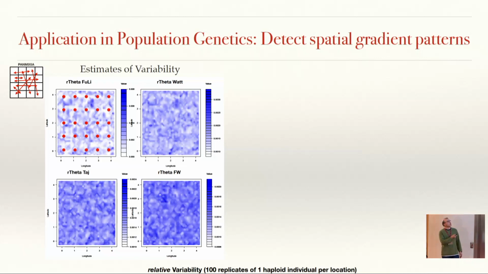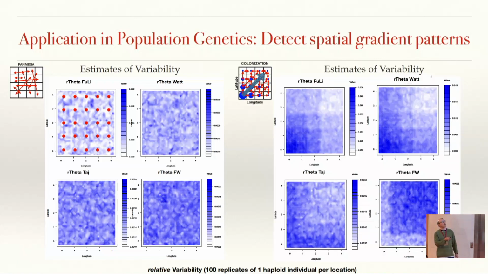We can do this by simulations. If there is panmixia, all these samples will show no pattern across the whole area. All these different estimators will have uniform patterns. But if there is a process of expansion or colonization, then, taking just a single haploid sample per area, we can detect patterns using different estimators, which allow us to interpret what evolutionary process happened.